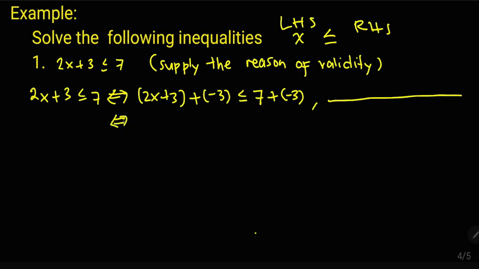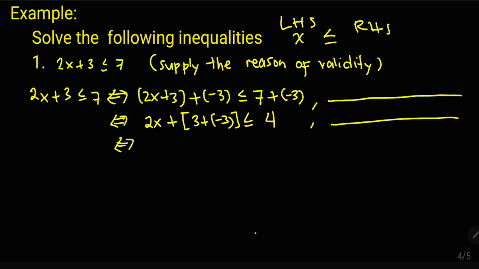Now, by associative property, we can regroup this as 2x plus the quantity 3 plus negative 3. We can simplify by arithmetic 7 plus negative 3 to be 4. Again, what's the reason for validity? Why were we able to regroup 3 and negative 3?